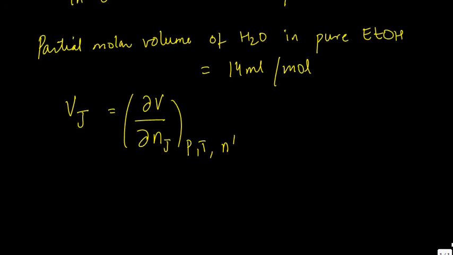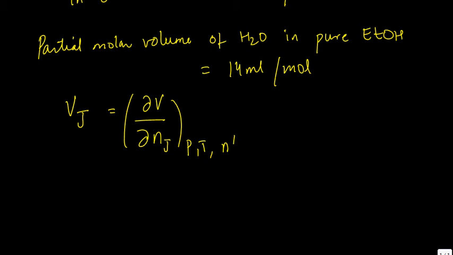Now, if I actually wanted to see what is the total change in volume, let's assume that we have more components. Let's say we have 2 components to start with. So in this equation we are adding one more mole of J only. We are adding one mole of the component J only.